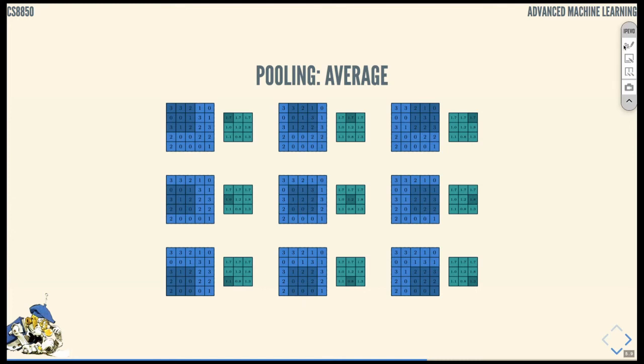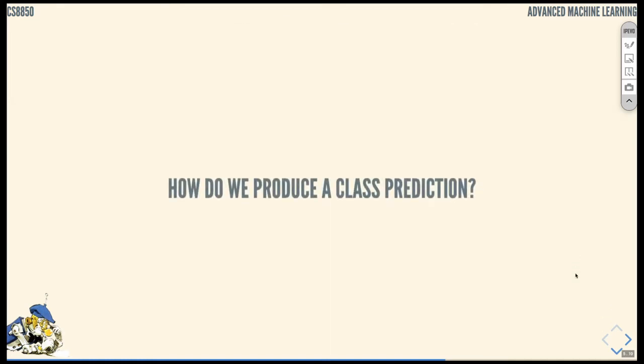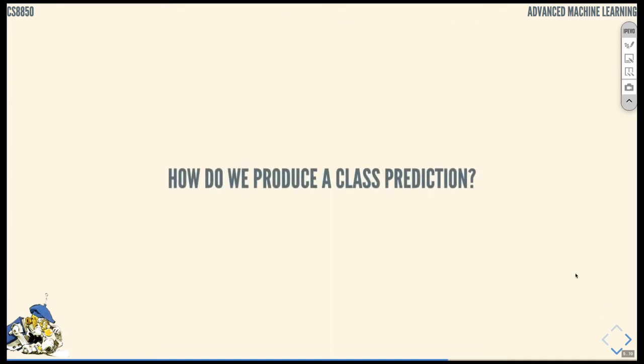We know what the pooling operations are and how they work. Now let's look at another thing. How do we produce a class prediction?